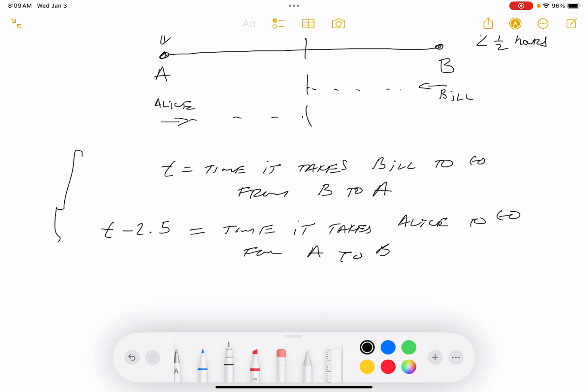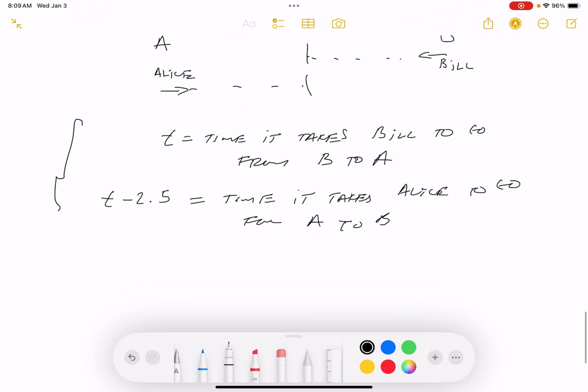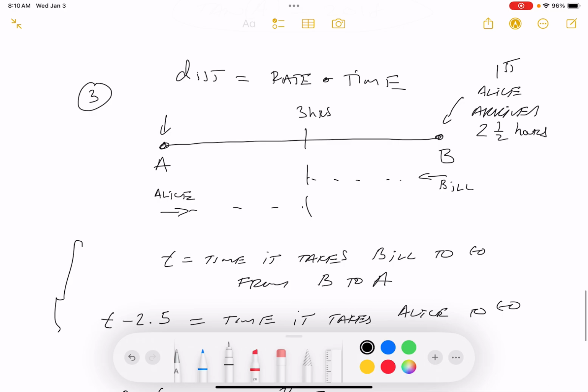Okay. Let's talk about Bill's rate. So Bill's rate, I'm going to say Bill's rate is R sub B. So Bill's rate is going to be the distance between A and B. I'll call that D. So let me point out what I mean by that.